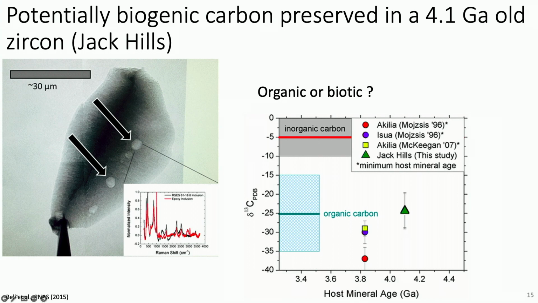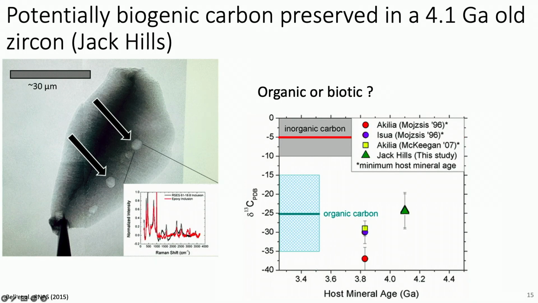And in this zircon, you see these very light little blobs. Those light little blobs, when measured with Raman spectroscopy, which probes the molecular vibrations, show the signature of some carbonaceous matter. This carbonaceous matter has been measured for its isotopic composition to check whether it could actually be some carbon that has a biological origin.